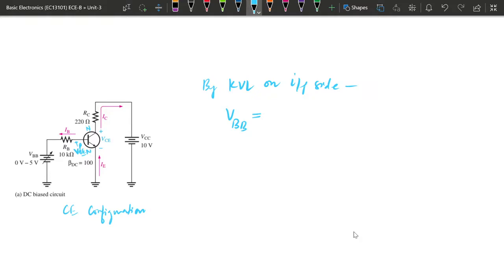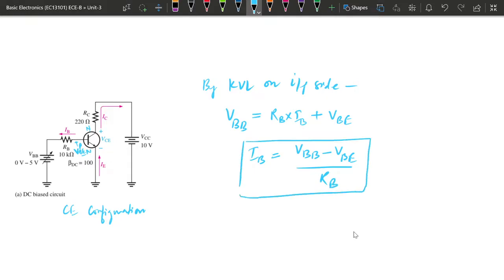Then whatever current is flowing, RB multiplied by IB, the voltage drop across this resistor, plus VBE. So from there we can get IB equals VBB minus VBE divided by RB. Okay, so this is how we can get the value of IB.